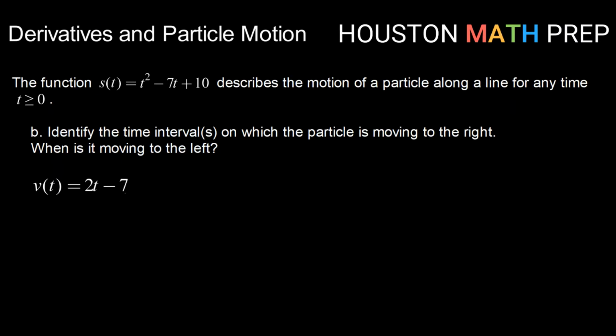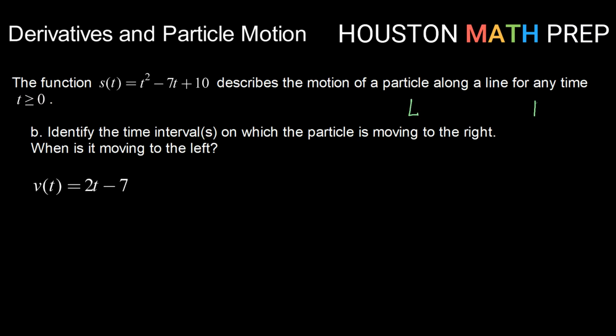Using that same information and our derivative that we just created, let's identify the time interval or intervals on which the particle is moving to the right. Then, when is it moving to the left? Well, here we need to think about moving along a line.